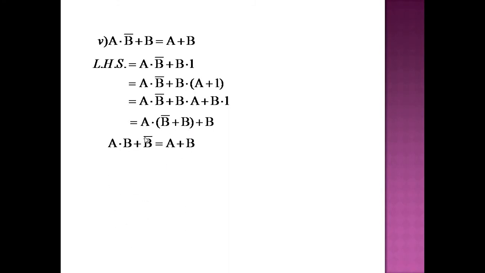So here we make the multiplication: A·B bar + B·A + B·1. So again we take A common and write A(B bar + B) + B. So B bar + B is nothing but 1. So we write A + B, which is nothing but the right hand side of that particular equation.